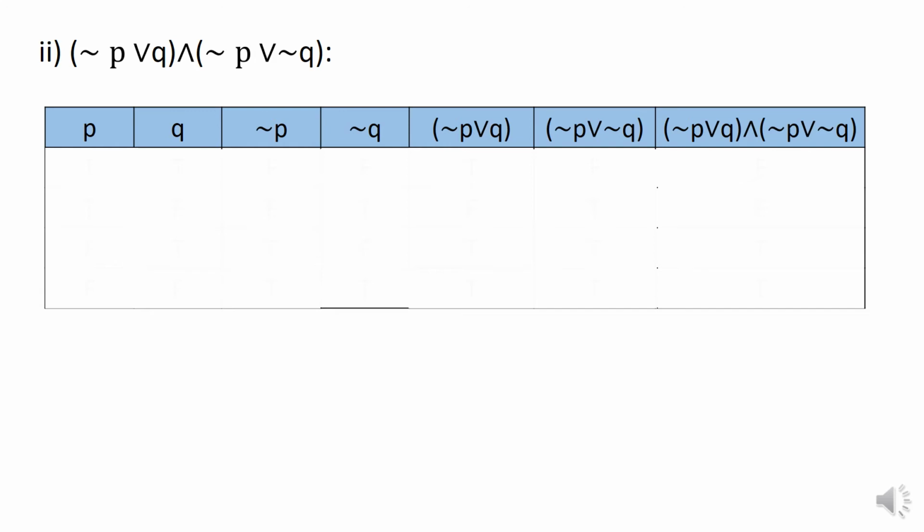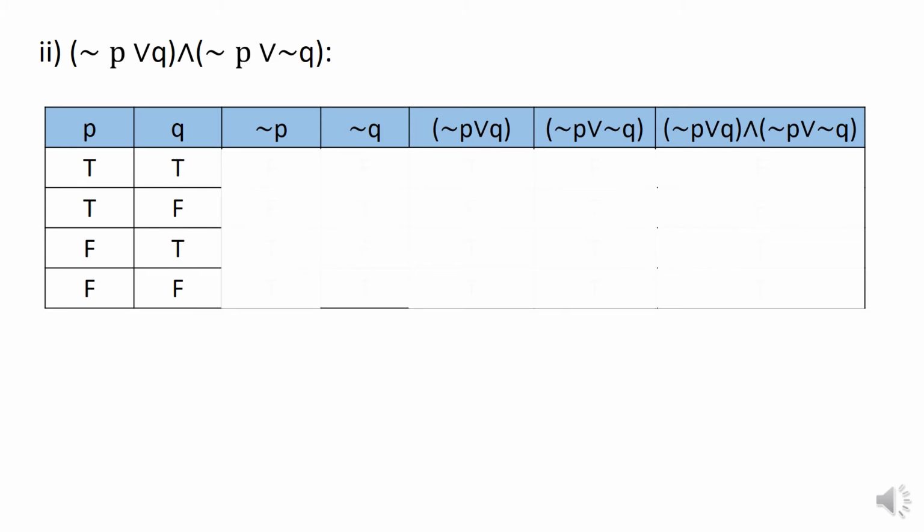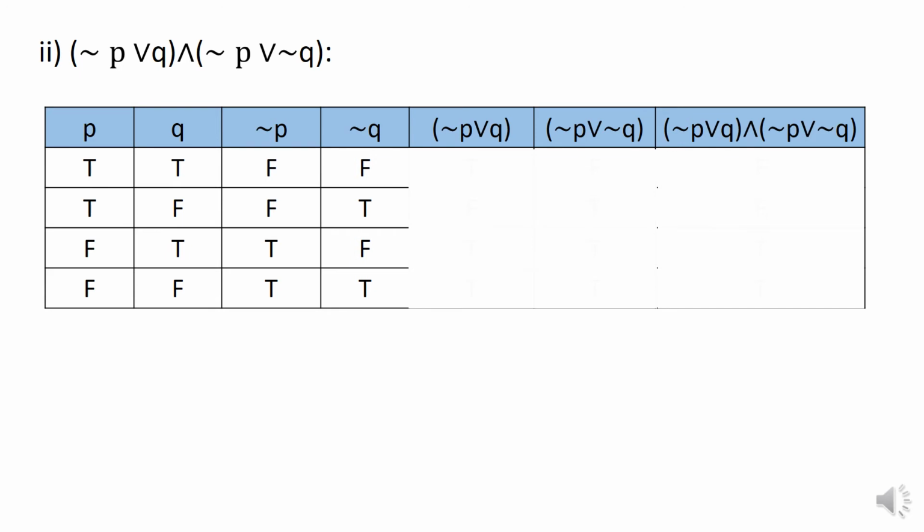The truth values, as usual, the first one, that is P, true, true, false, false, TTFF. Q, TF, TF, depending upon P. Not P, F, F, T, T, and not Q, F, T, F, T. Now for the next part, not P or Q, we need only those columns.